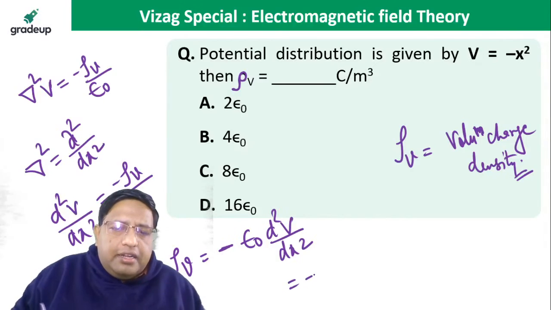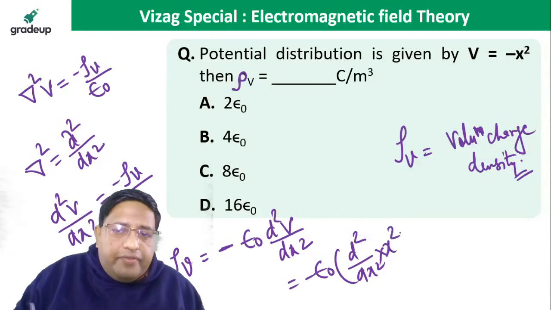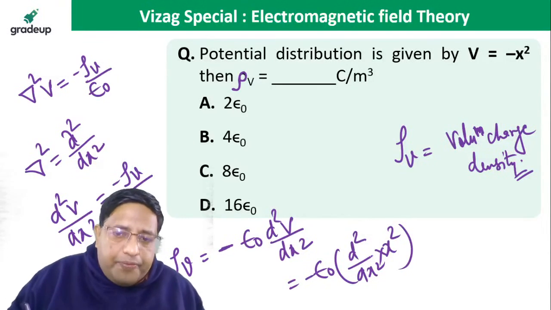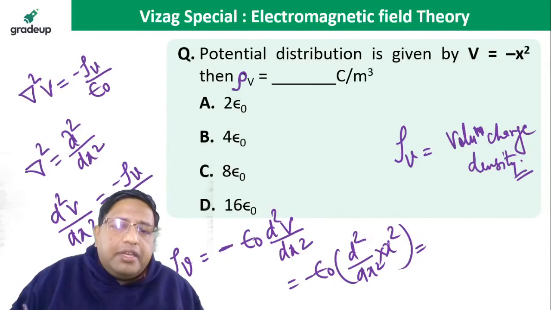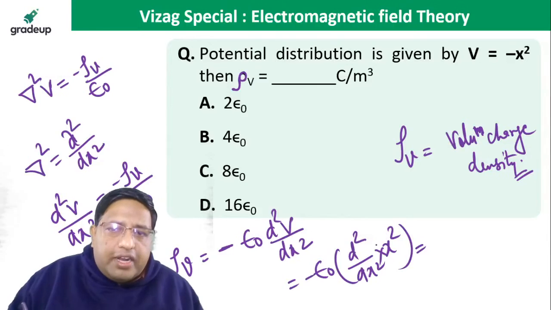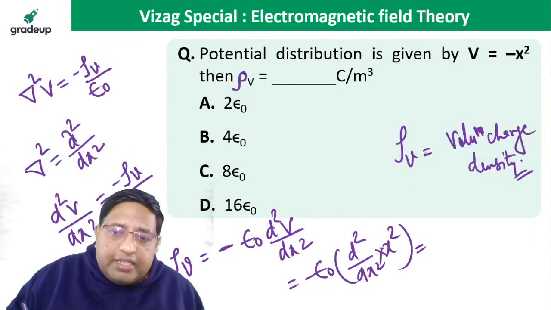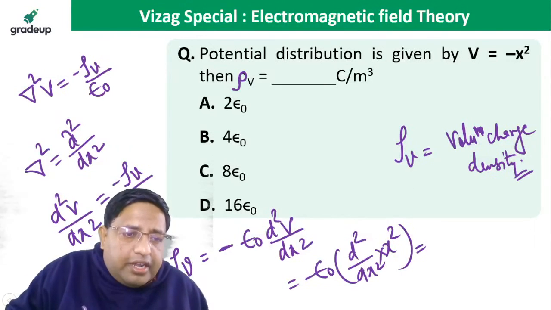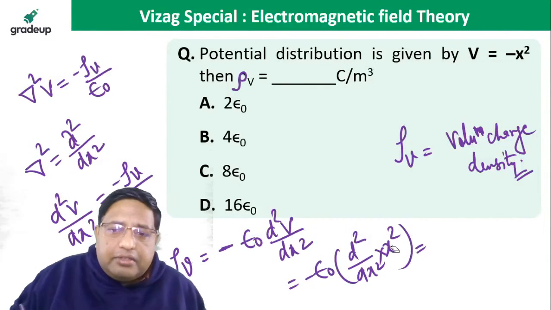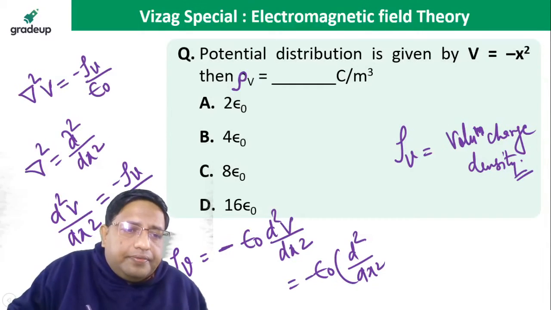What is v? V is minus x square. If you differentiate two times, you get the value 2.